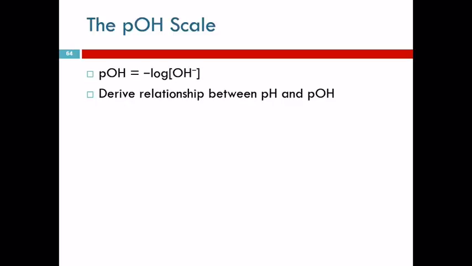Normally I would derive that here, but again, we're short of time and most of you really do not care. So if you care, I'll be happy to do that for you after class. pH plus pOH equals 14 is what it comes out to be. So the sum of those is 14.